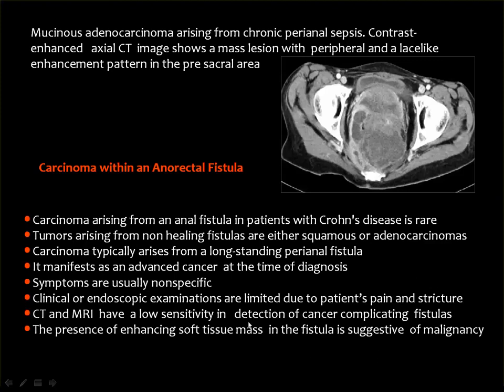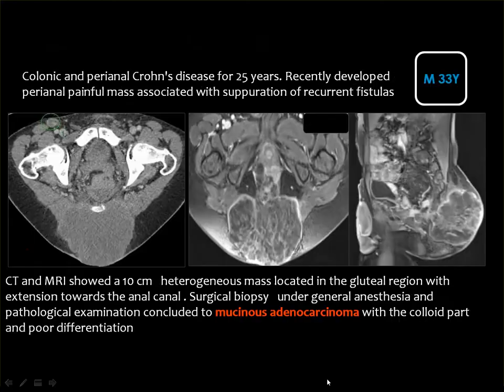The symptoms are non-specific, but the only finding on imaging is that you can see a mass or an enhancing tumor tissue in the region of the anal canal, and this will suggest the possibility of malignancy.